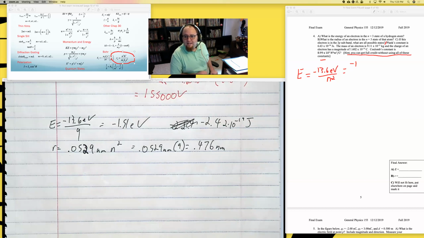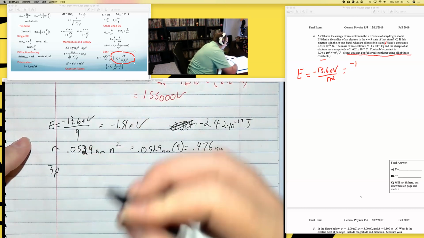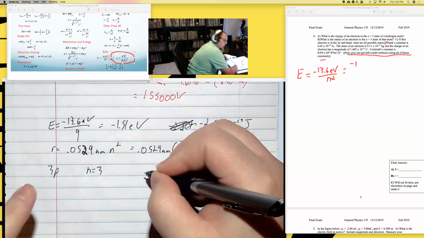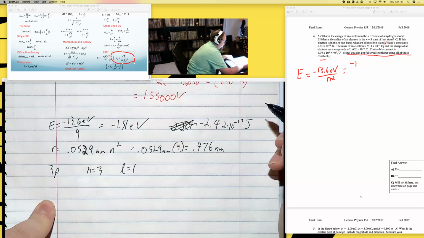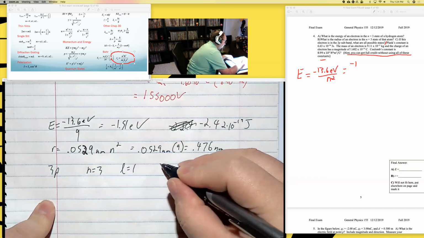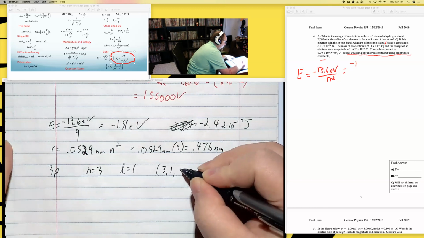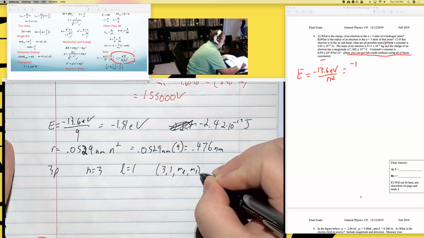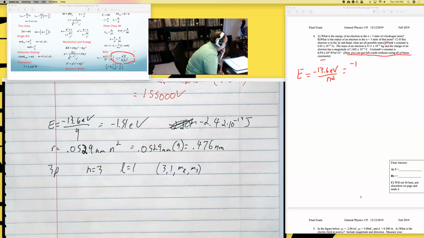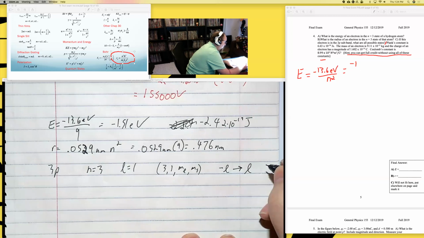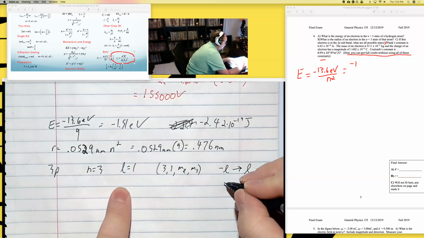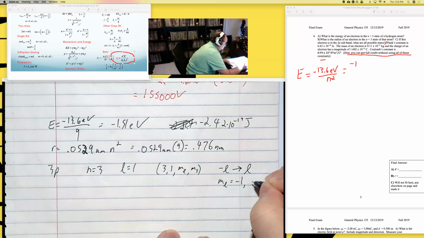It says, if the electron is in the 3p subshell, what are all possible states? Okay, 3p. What 3p means is n equals 3, and p means L equals 1. So it's definitely going to be 3, 1, and then whatever my m_L and my m_S are. m_L can be everything from negative L to L. So if L is 1, my m_L can be negative 1, 0, or 1.